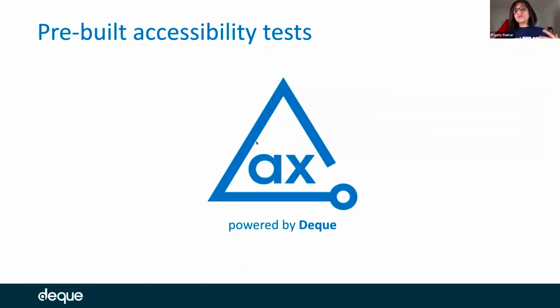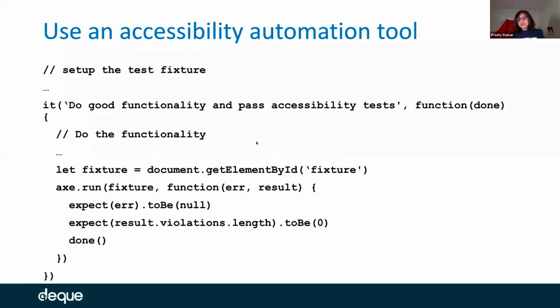But then what can we do with Axe? Pre-built accessibility tests: incorporate, analyze using your browser, in your CI/CD pipeline, into your Selenium scripts, whatever scripts you have. You can use an accessibility automation tool to use the Axe functionality.